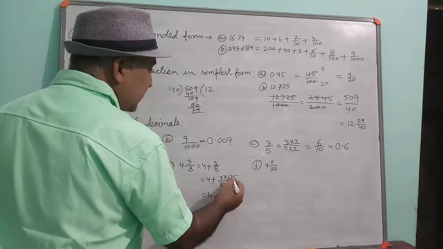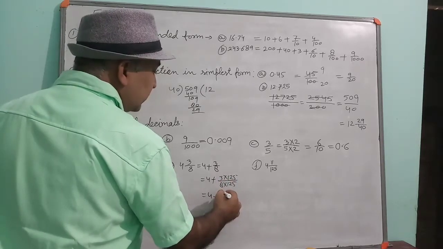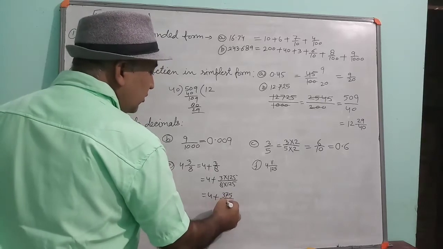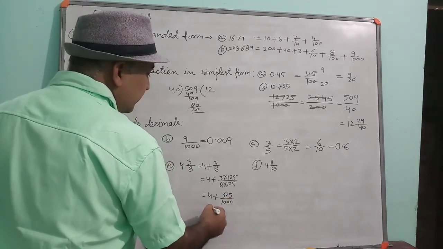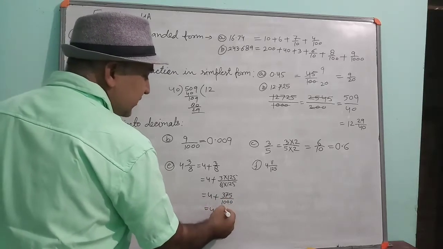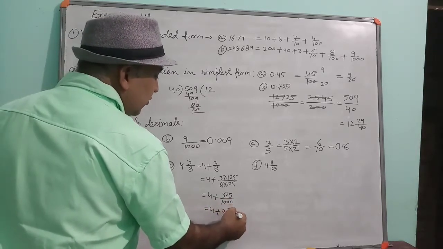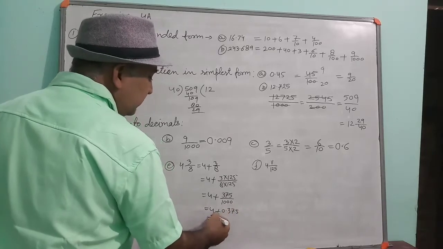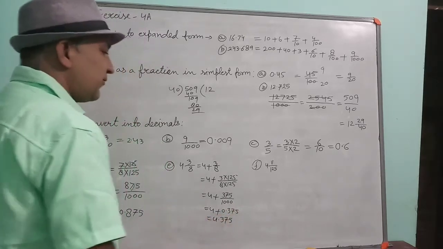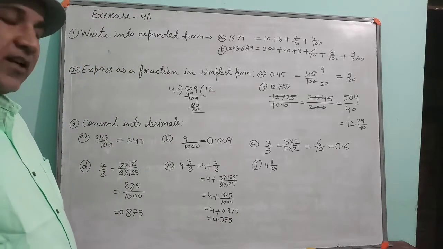Now 4 plus 125 into 3 is 375 upon 1000. 4 plus, when 375 is divided by 1000, 0.375 will come. Now add the numbers. 4.375 is the answer. Understood?